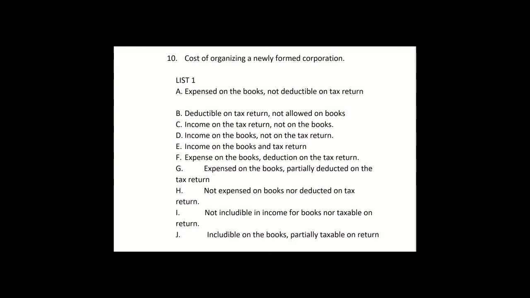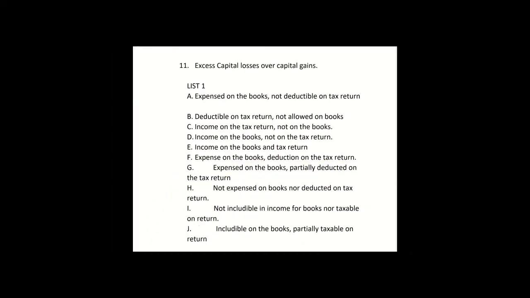But on the tax return, that same cost is capitalized, and you get to take a $5,000 immediate deduction and then the rest over 180 months. So it's a slower method on the tax return. We already expensed it in full on the books, partially deducted on the tax return this year, so the answer is G.